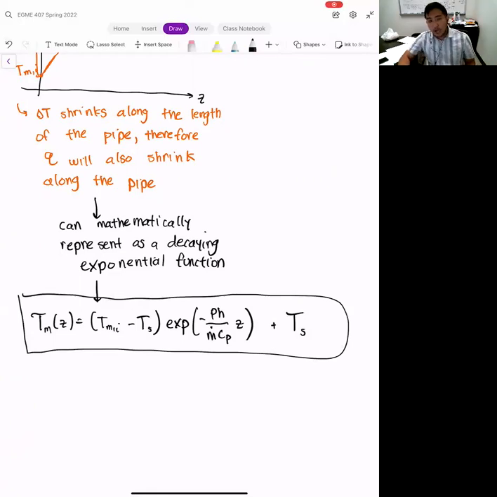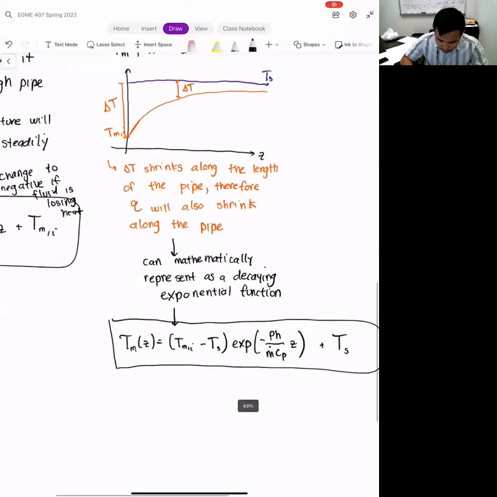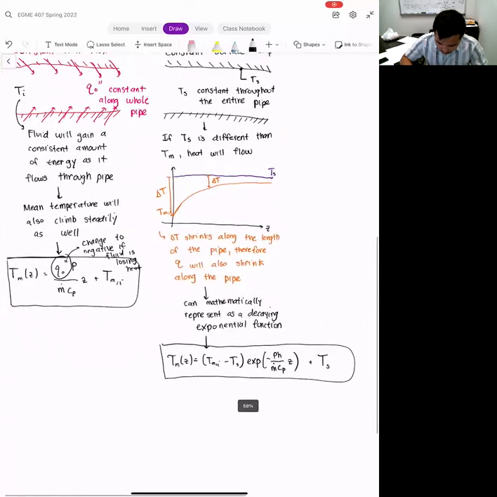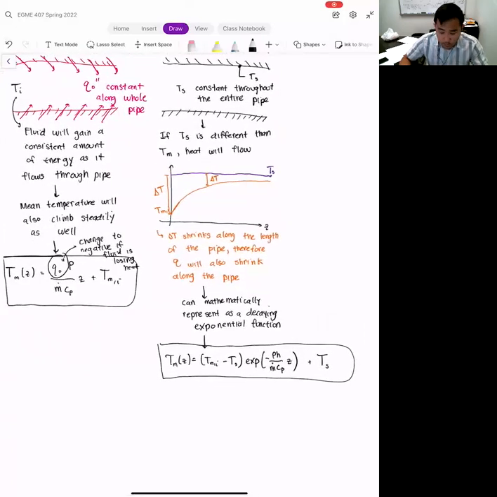So here's our Tm, and mathematically it looks very different than our constant heat flux case. Here are our two cases. I wanted to talk about this in detail because it really sets internal convection apart, and conceptually it's really important to understand.